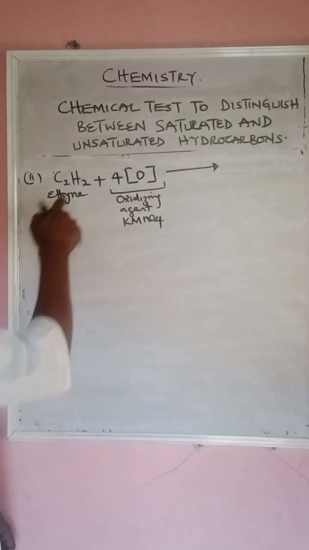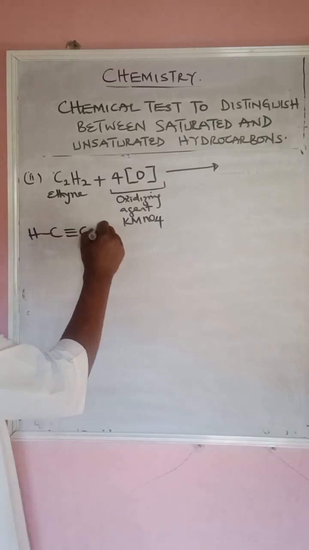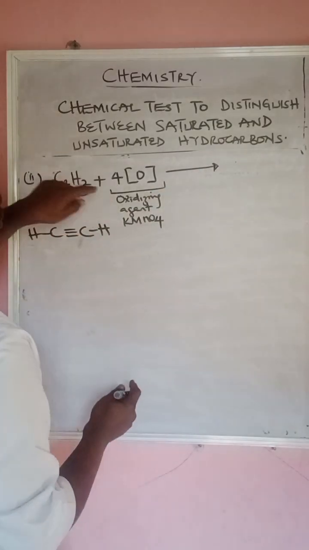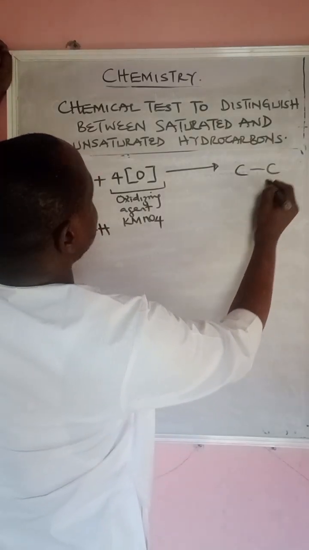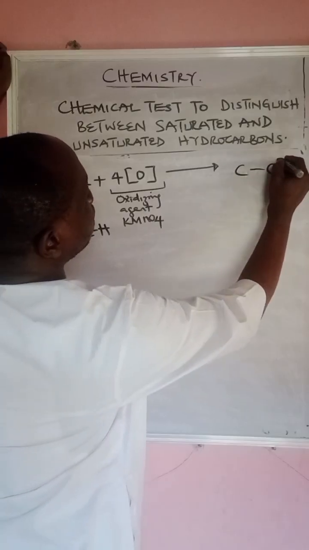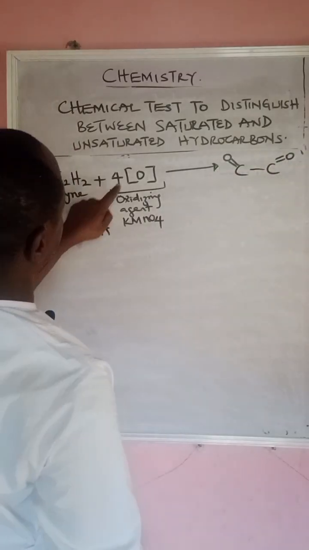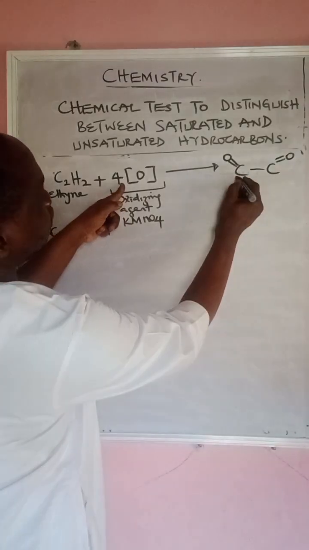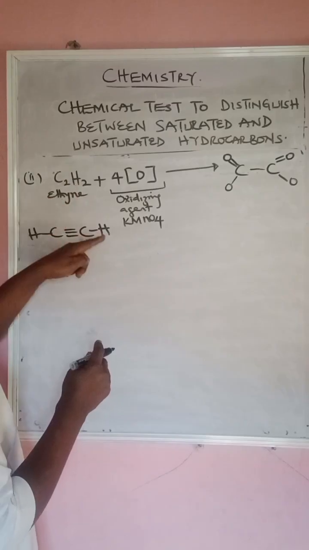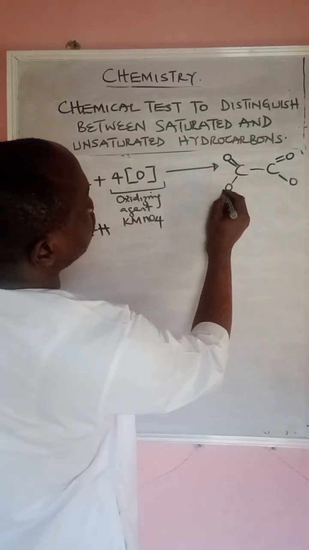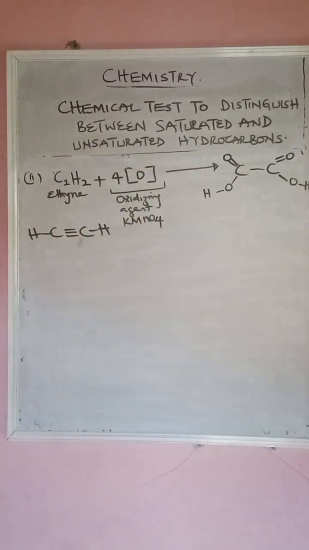So let's see. This structurally is like this: hydrogen here, hydrogen here. So let's put it here and see what will happen. We have 4 oxygen. So I'll say C, we have hydrogen here before, so I can say oxygen, making 2 oxygen, and we are looking for 4. So another one here, another one. Before we now consider the remaining 2 hydrogen. So this one will be hydrogen, this also will be hydrogen. Thank God we have done this.